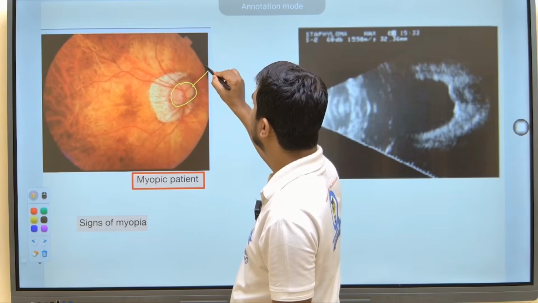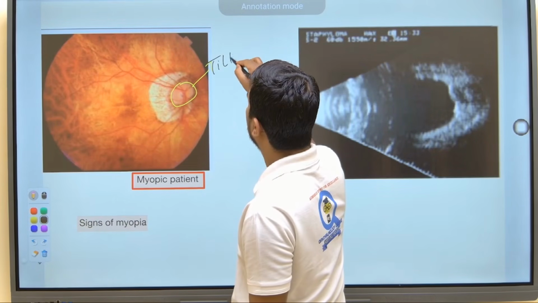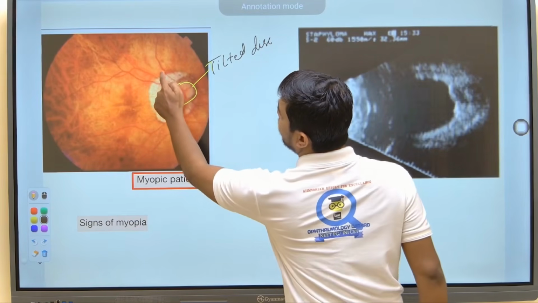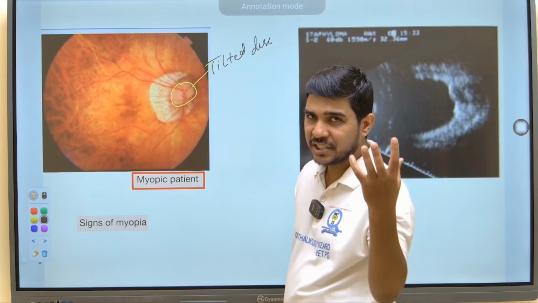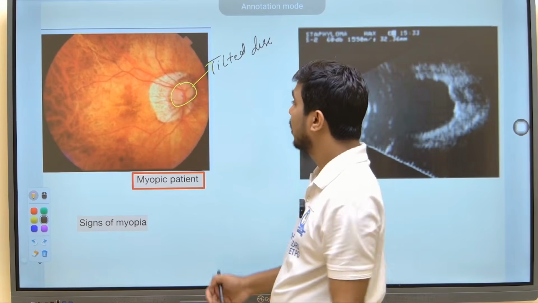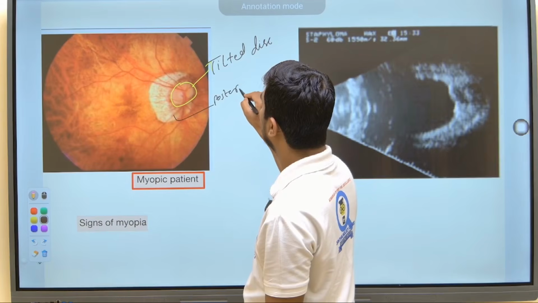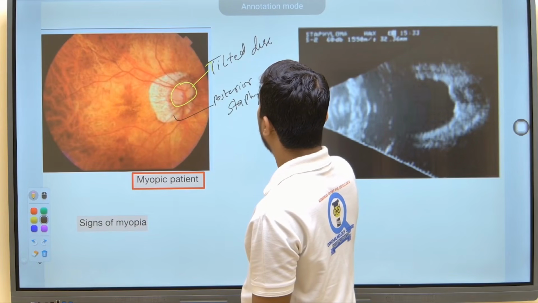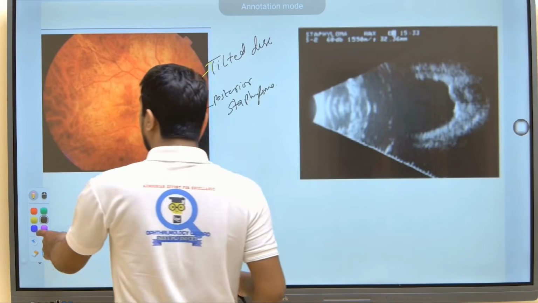So this is a tilted disc. Can you see there is a proper staphylomatous type of thing? This is nothing but posterior staphyloma, and you know what?